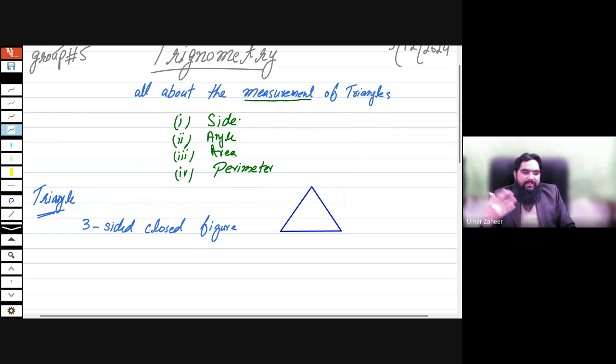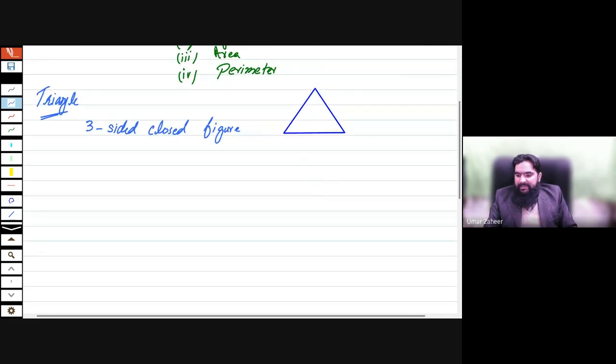Right? These are the things in a triangle that we need to measure: side, angle, area, perimeter. All right. Now, we have to understand that the triangle is basically a three-sided closed figure.